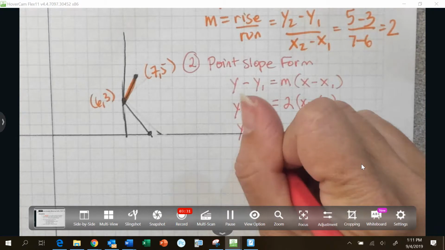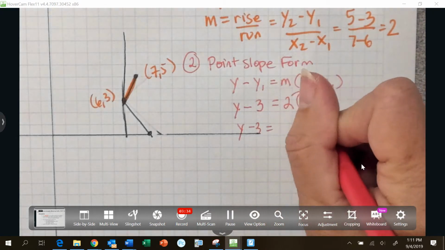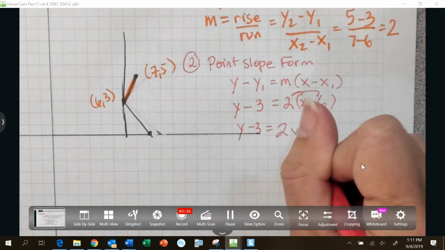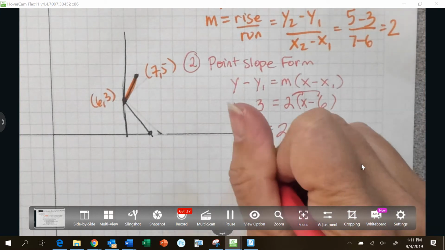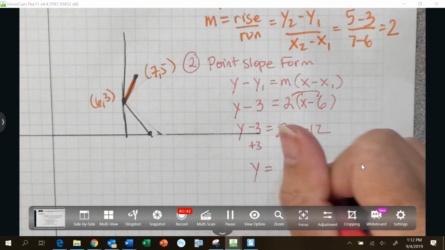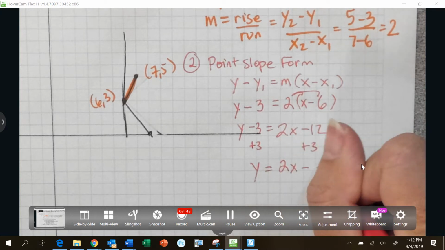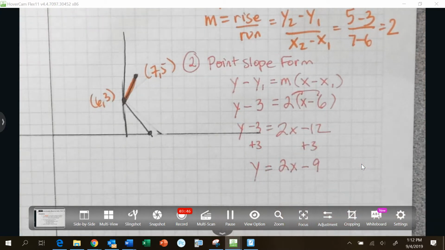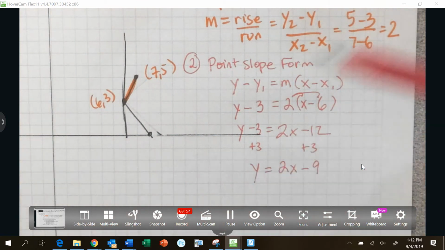So then we're going to distribute the 2 and get 2x minus 12, add 3, and I get 2x minus 9. So where is my y-intercept at? It's at -9.